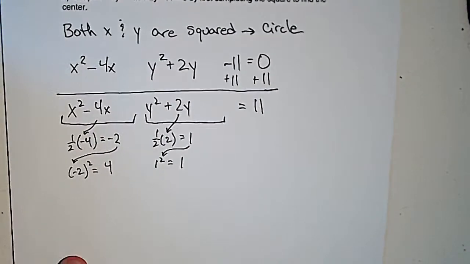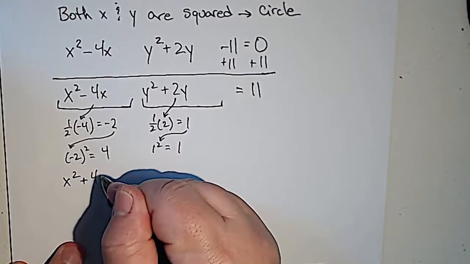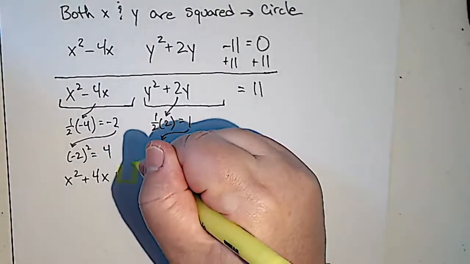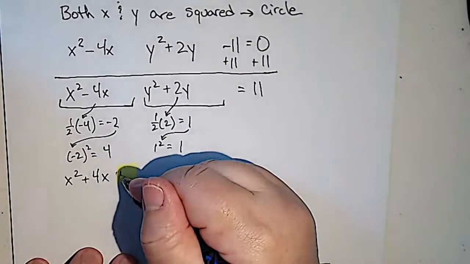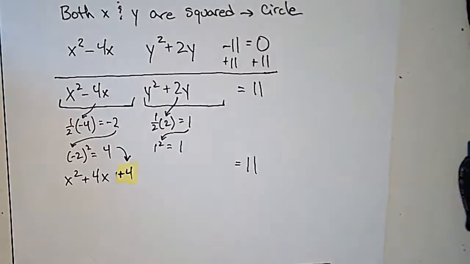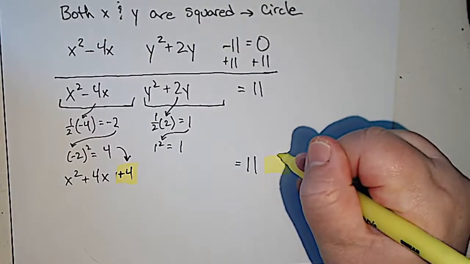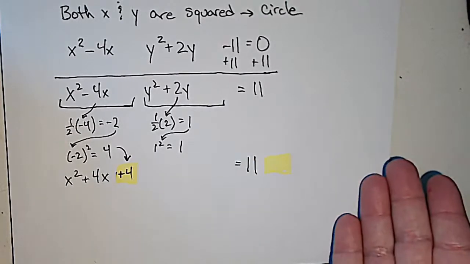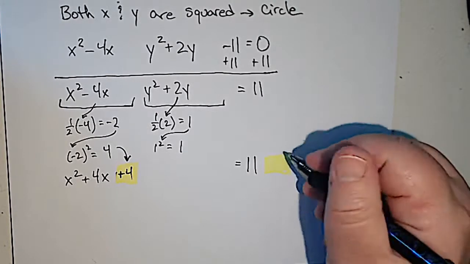And then, if you're ready, I get x squared plus 4x, and then, oop, I remembered my colors, I'm going to add a 4 here. And then over on the other side, I'm going to add 4. Now you could compensate on the same side if you wanted to, but ultimately all the constants in a circle always go on the right-hand side. So I'm just going to put it over on the right-hand side.